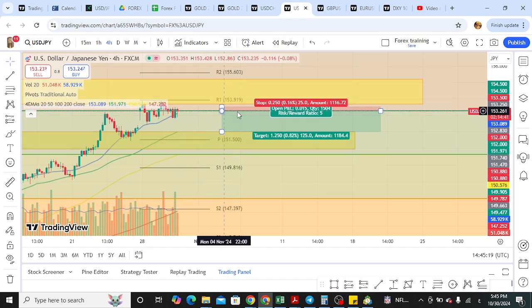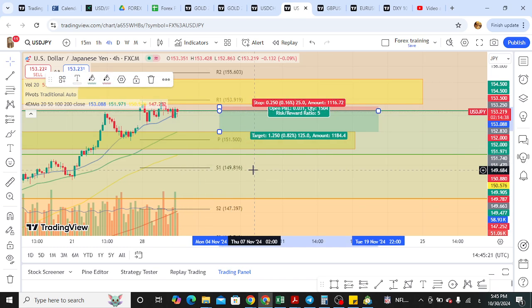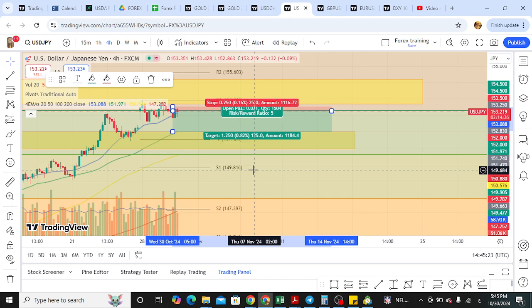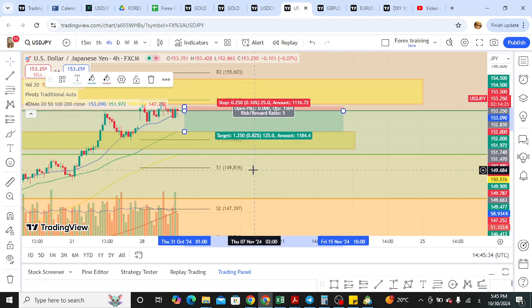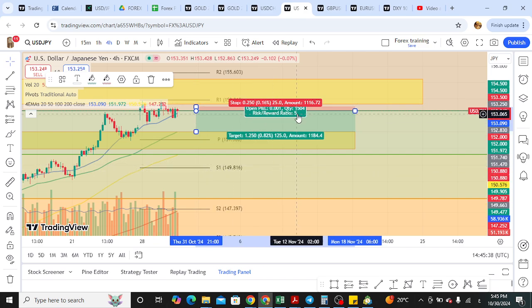And let's see, if I actually took that, it would have been now maybe slightly in profit. Okay, but it is really interesting, and the RRR is 5.